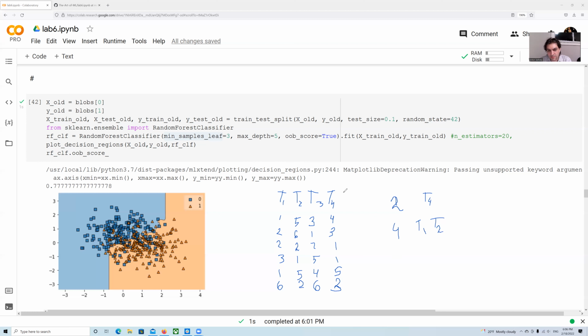And because we usually have more than 4 trees, like 50, 100, then we would have at least 1 tree for each element.